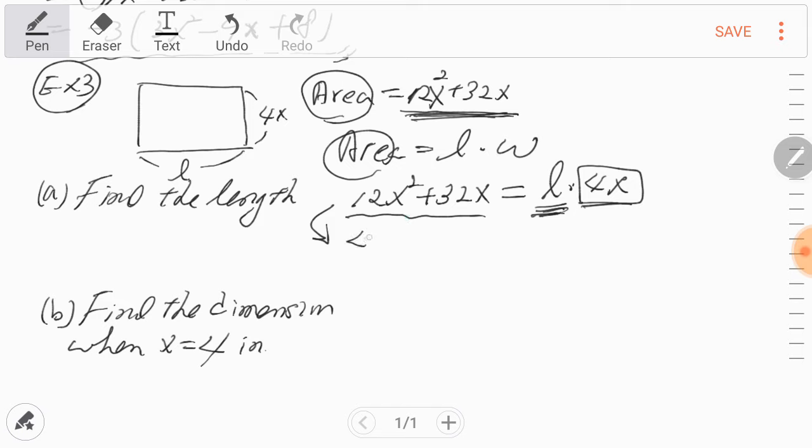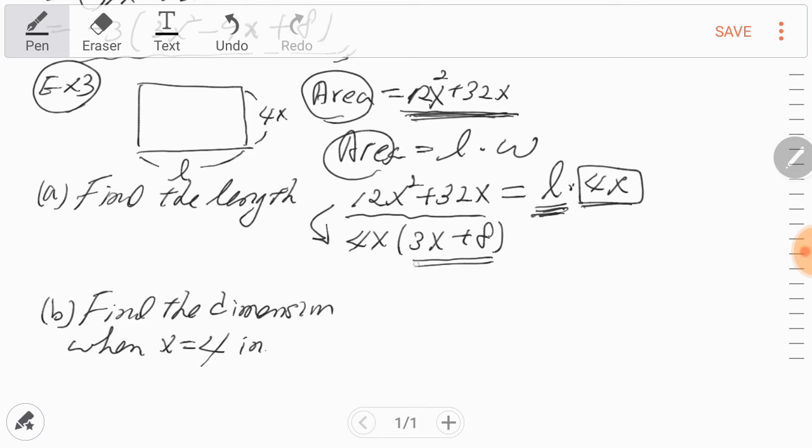So probably 4 is the common factor. So factor out 4 and then the variable x. So 4x, then 3x plus, 32 is 4 times 8, and x went out. So in this case, 3x plus 8, there is no common factor.